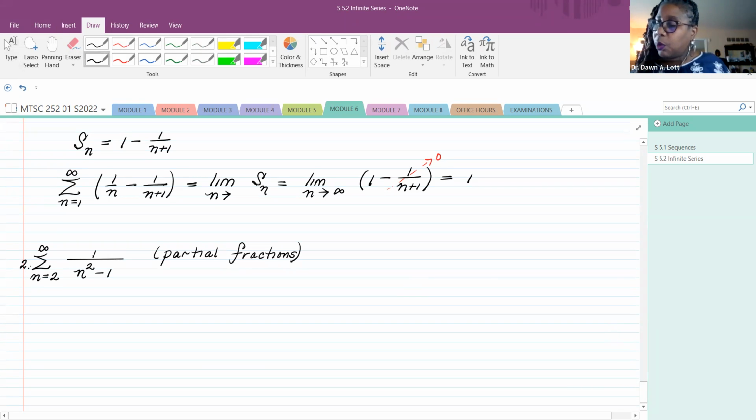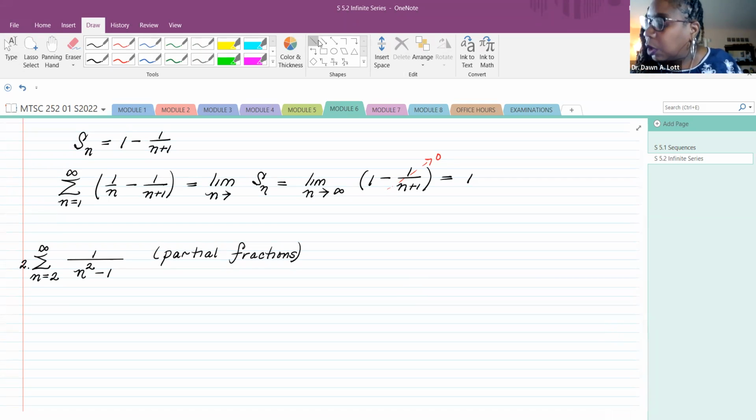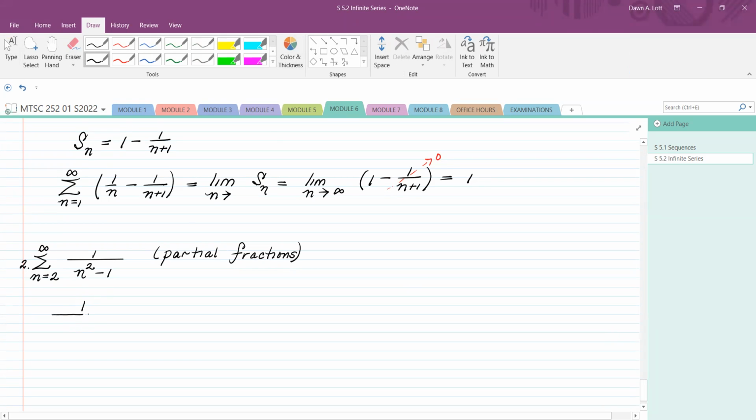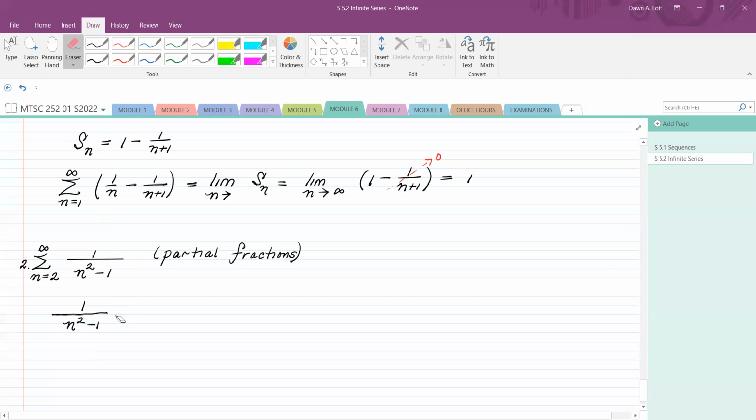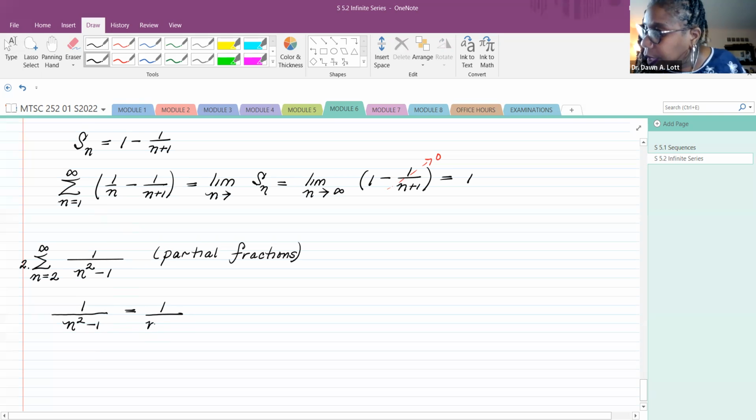Okay, and so in order to do the sum of this series, I'm going to just use partial fractions. I am going to take 1 over n squared minus 1. Oh, I'm sorry, I'm doing it wrong.